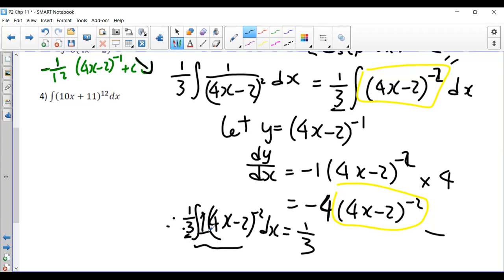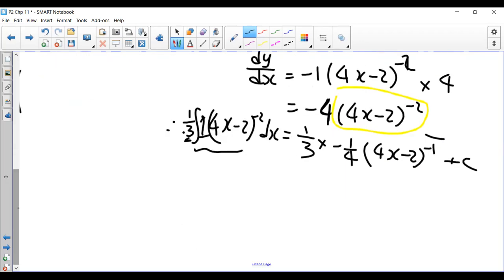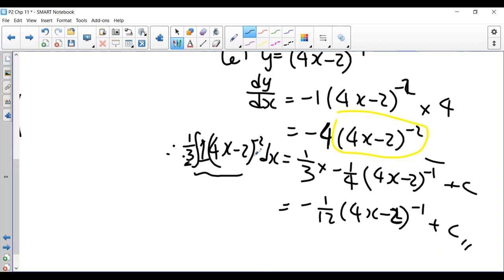So we have to multiply by a minus 1/4 of a y function, (4x minus 2) to the power of minus 1 plus c. And that gives us minus 1/12 of (4x minus 2) to the power of minus 1 plus c.